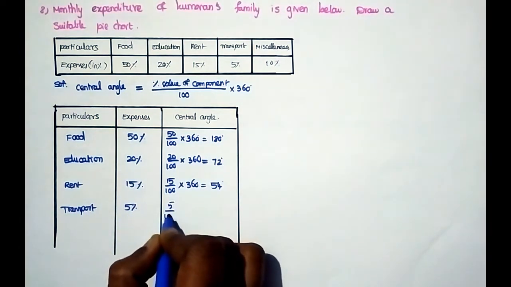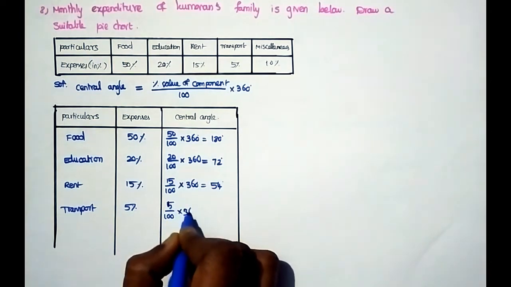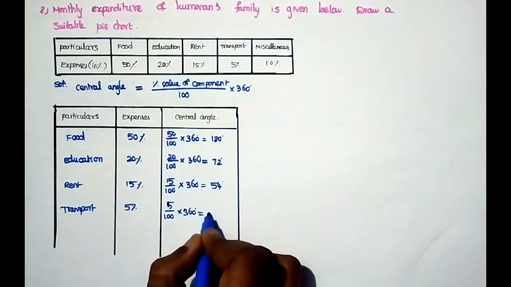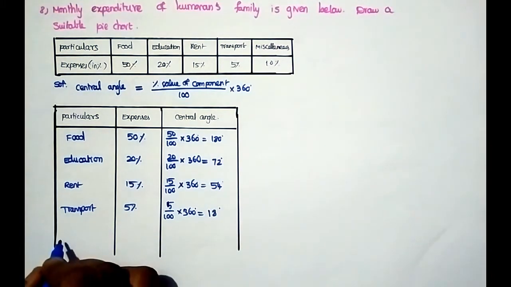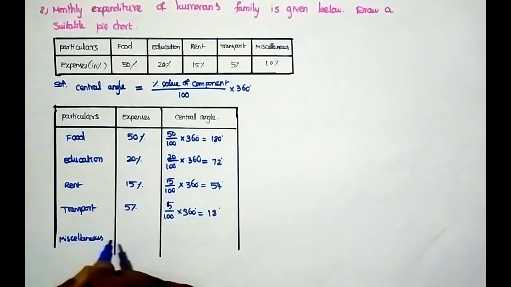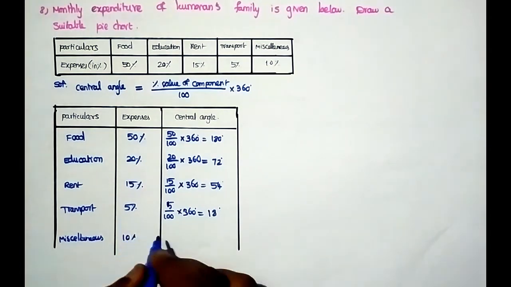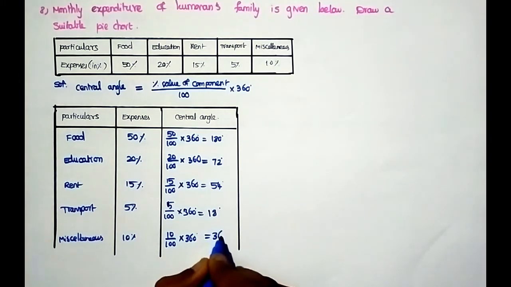5 divided by 100 into 360, that is equal to 18 degree, and then miscellaneous 10 percentage. 10 divided by 100 into 360, that is equal to 36.